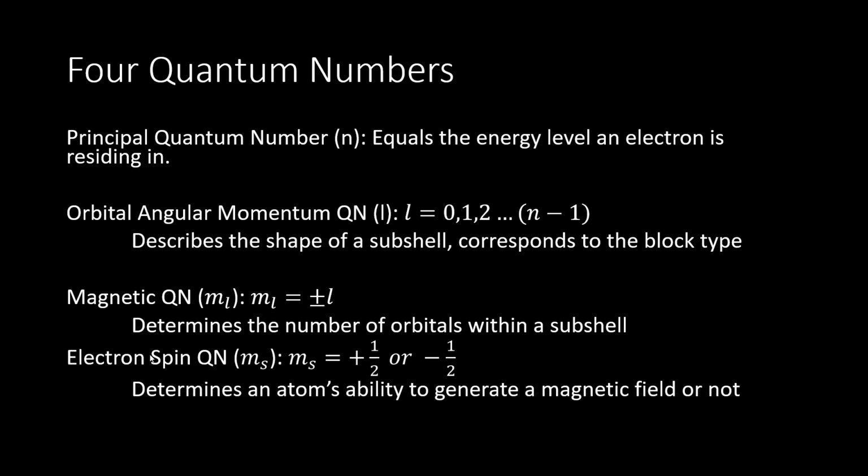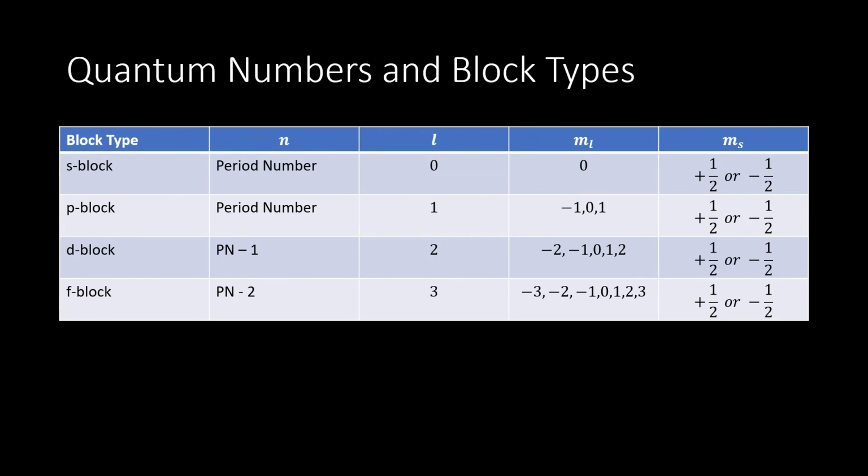And then we have our electron spin quantum number, m sub s. That could either be spin up, which is positive 1/2, or spin down, which is negative 1/2. And this determines an atom's ability to generate a magnetic field or not. So just as an example, if we have an s block electron, the value of n is the period number.